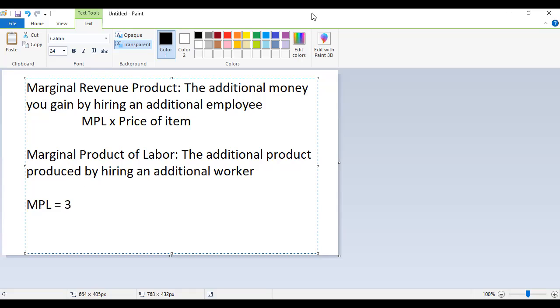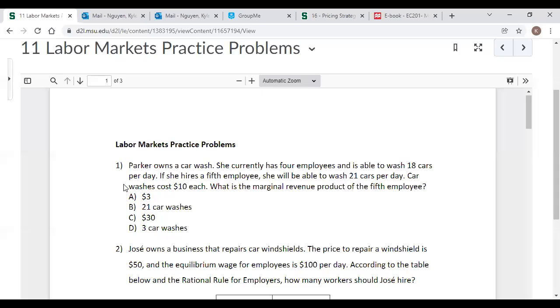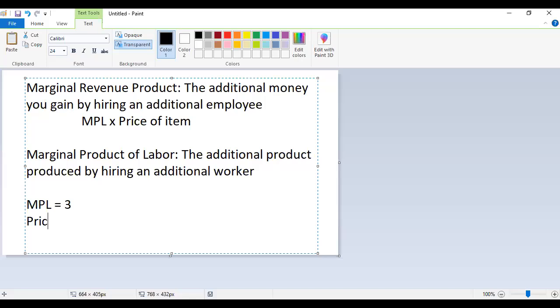And the price is just given to us. The price of each car wash is $10, as we see right here. So price equals 10. Are there any questions about how I got these 2 numbers so far?